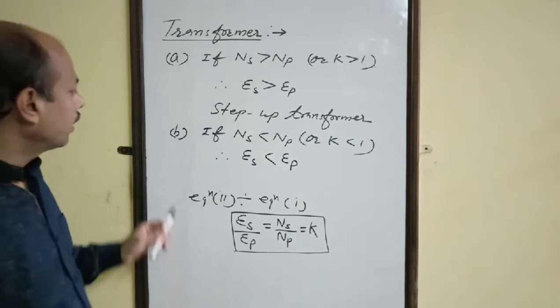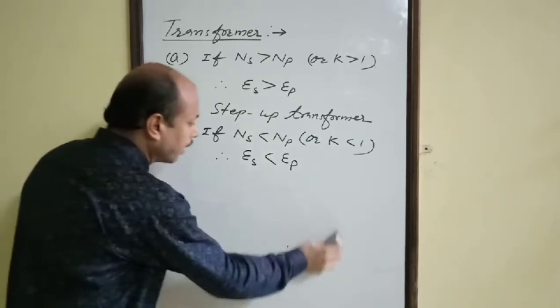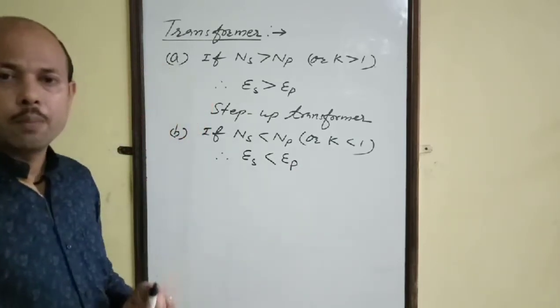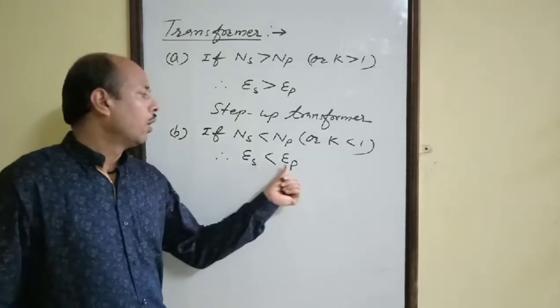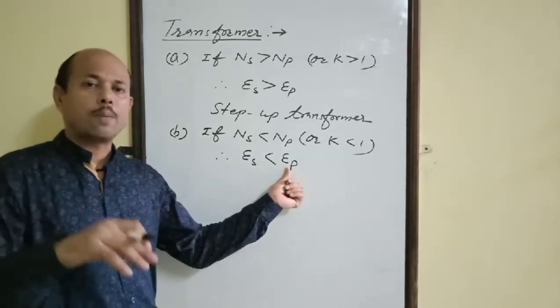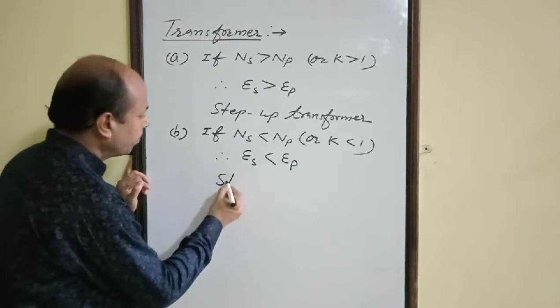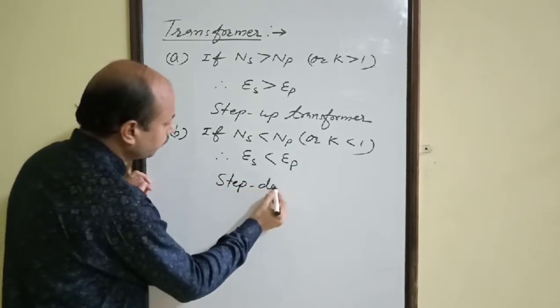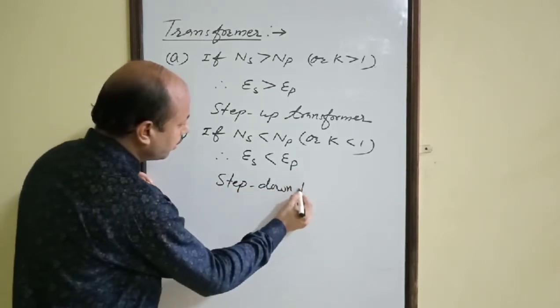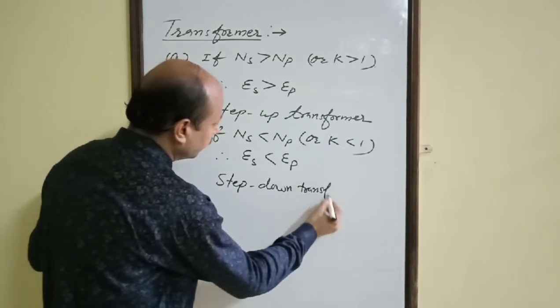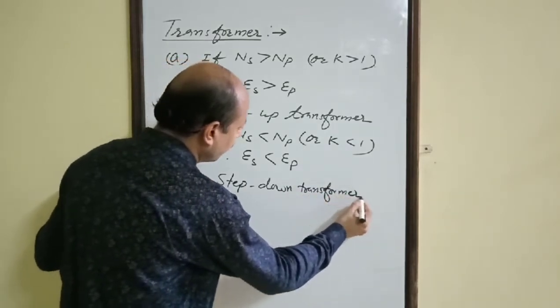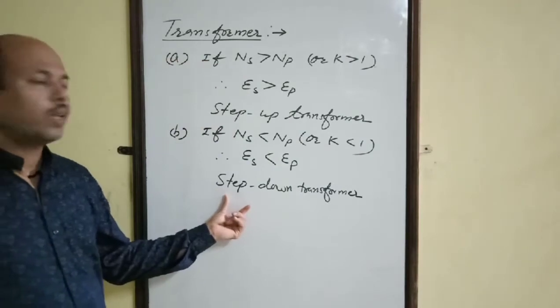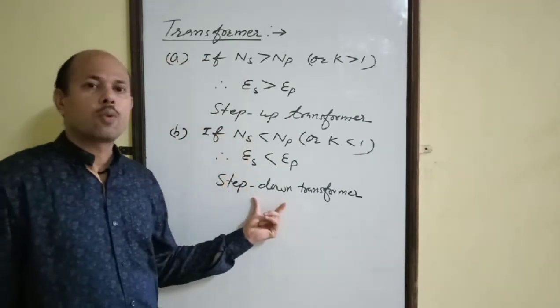It means the EMF of the secondary coil will be less than the primary coil, and such a transformer is known as a step down transformer.